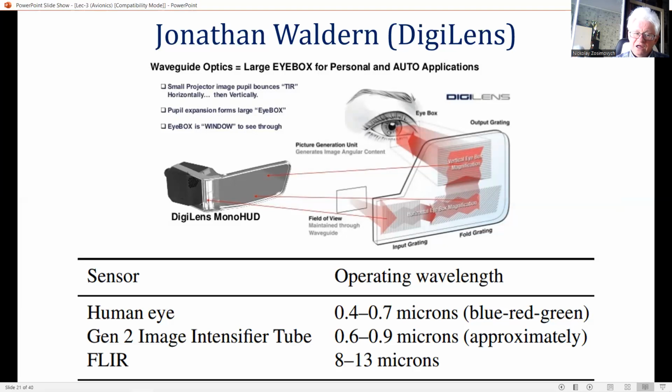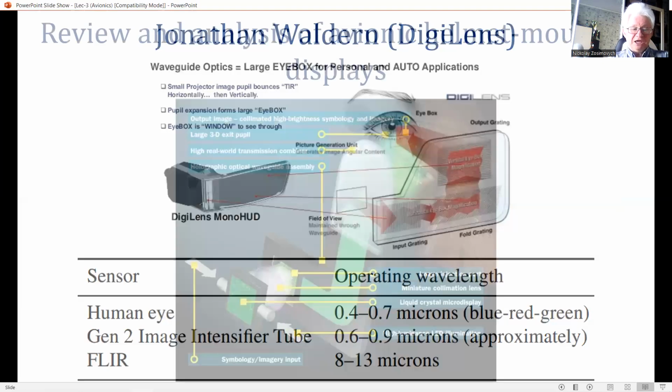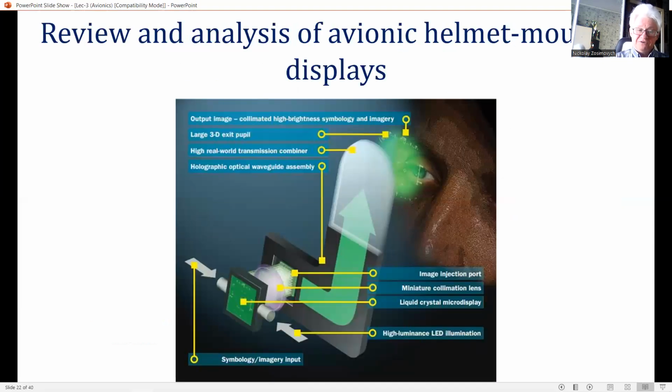The wavelengths involved are shown below. The image from the image intensifier tube, IIT, is a phosphor screen, which emits green light in the center of the visual band, where the eye is most sensitive.